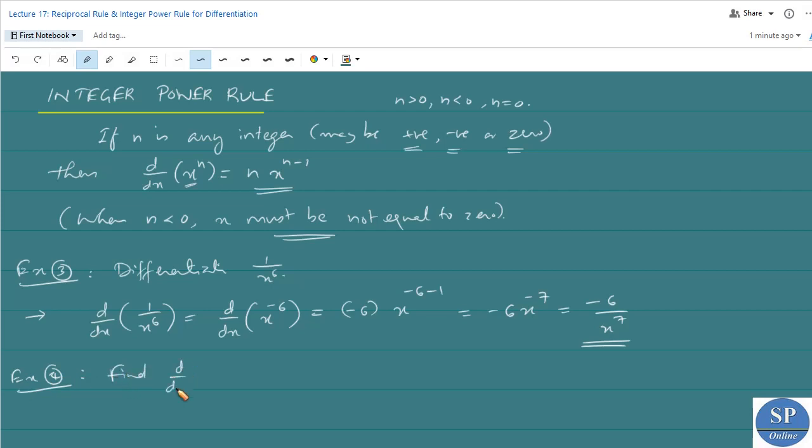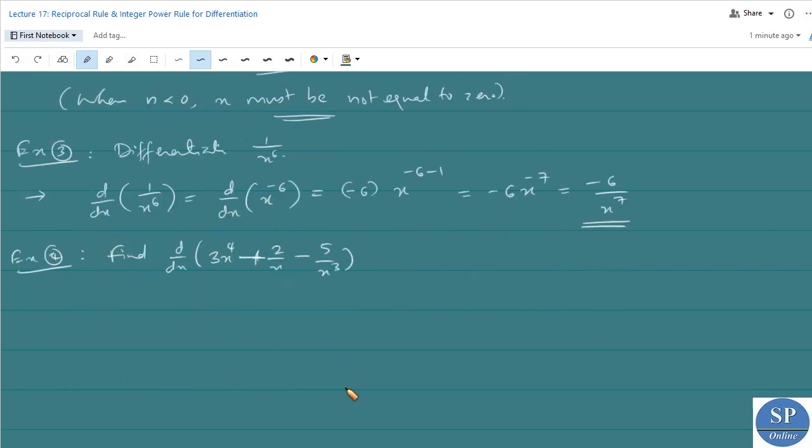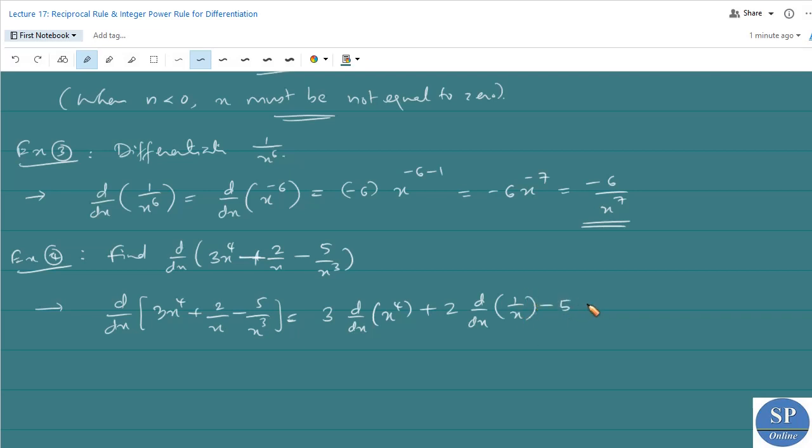Next one is find d by dx of 3x power 4 plus 2 by x minus 5 by x cube. So here this function is sum of three functions. So we can first use the sum rule, that is d by dx of this is nothing but 3 into d by dx of x to the power 4 plus 2 into d by dx of 1 by x minus 5 into d by dx of 1 by x cube.